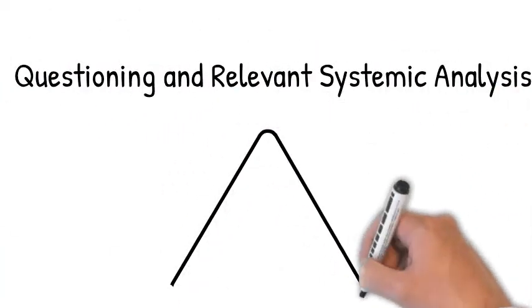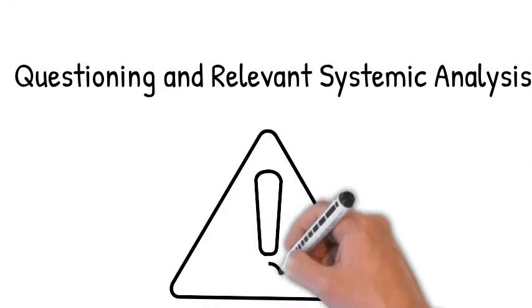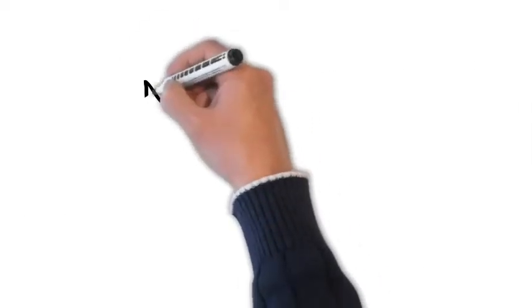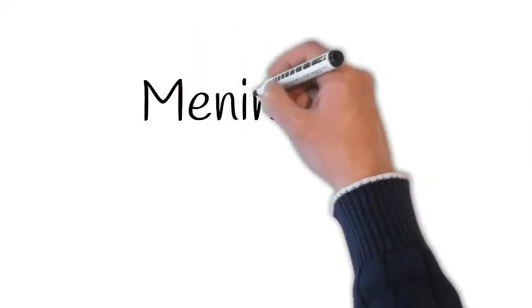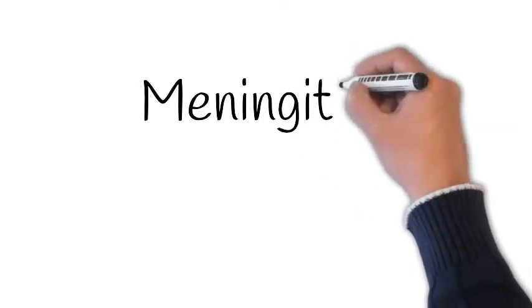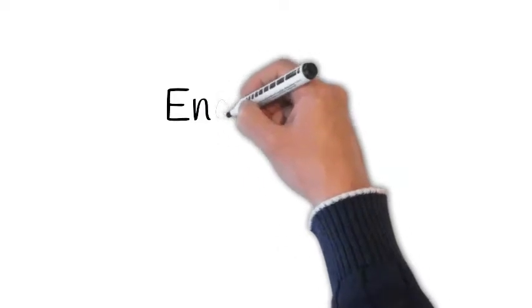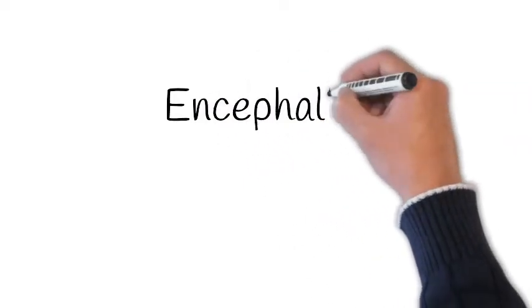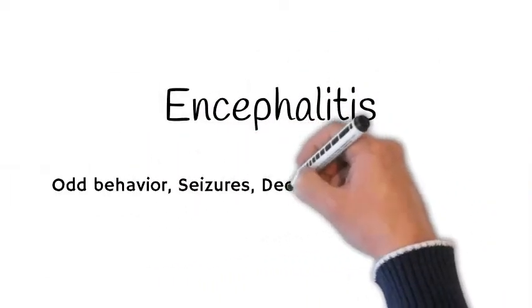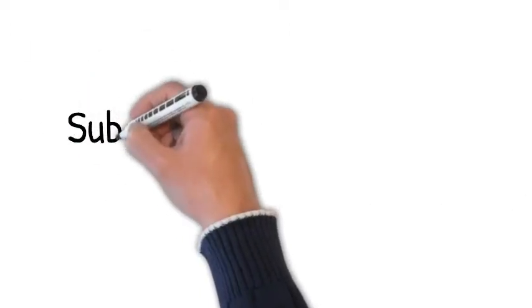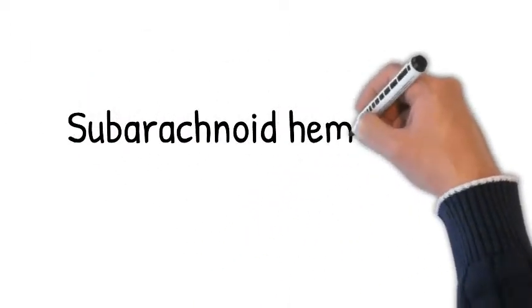Let's begin with acute single episode of headache. For meningitis, ask about fever, photophobia, stiff neck, body rashes, coma. For encephalitis, question about odd behavior, seizures or decreased consciousness. For subarachnoid hemorrhage, check for sudden headache with or without stiff neck.